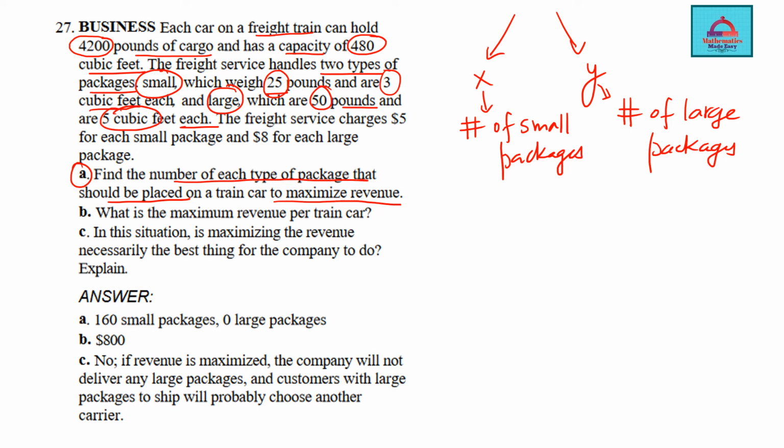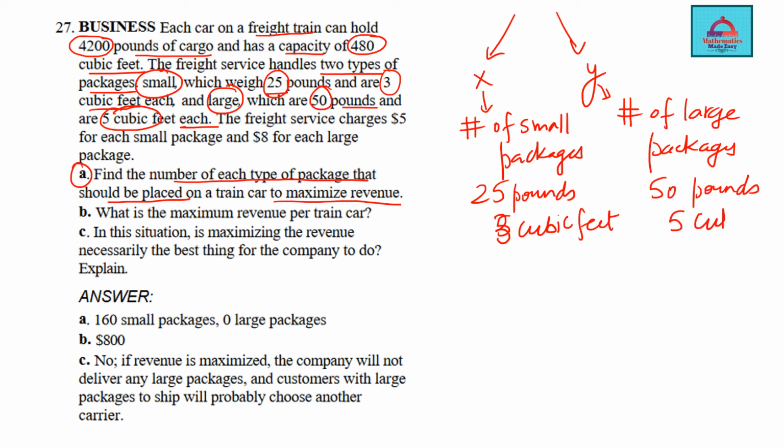Okay, and for each of them you are given specifically 25 pounds. That's the weight, 25 pounds, and the volume is 3 cubic feet. Similarly, for the big one, it is double, so 50 pounds and 5 cubic feet.